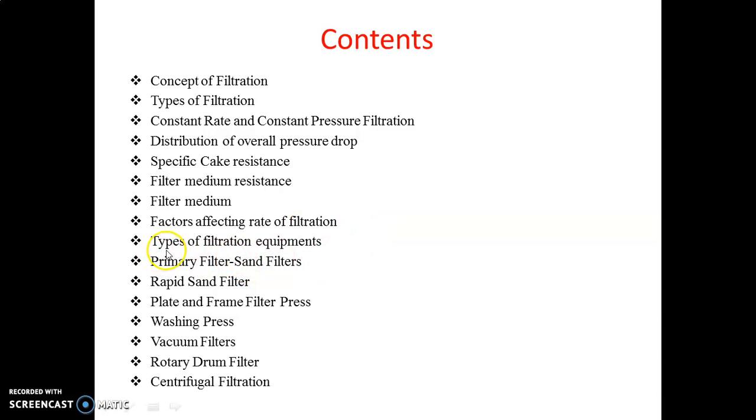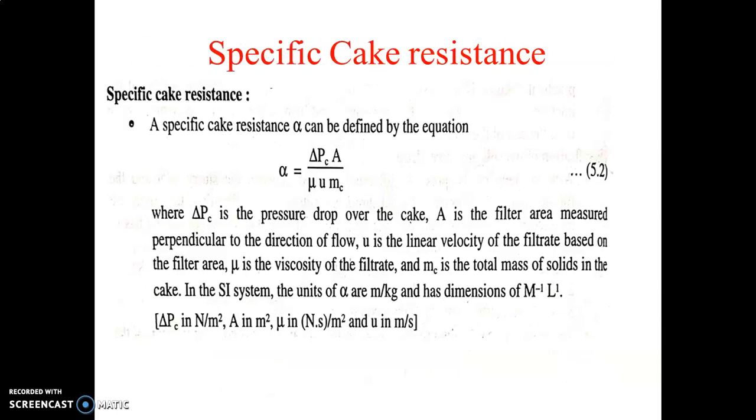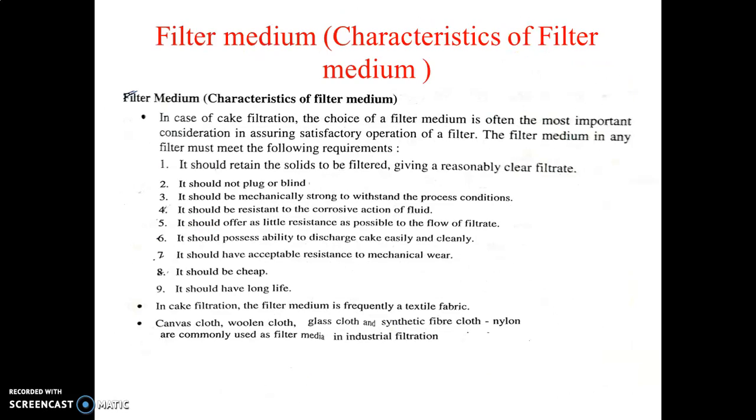In today's lecture, I will discuss types of filtration equipment, primary sand filters, that is rapid sand filters, pressure sand filters, and if time permits, we will discuss the plate and frame filter press. So I will start this lecture.